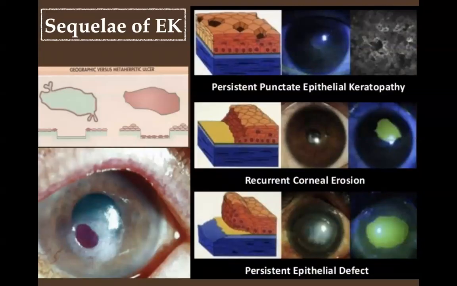As with all types of keratitis, there is a sequel or scenario which depends upon the diagnosis and treatment: persistent keratopathy, recurrent corneal erosion, persistent epithelial defect.